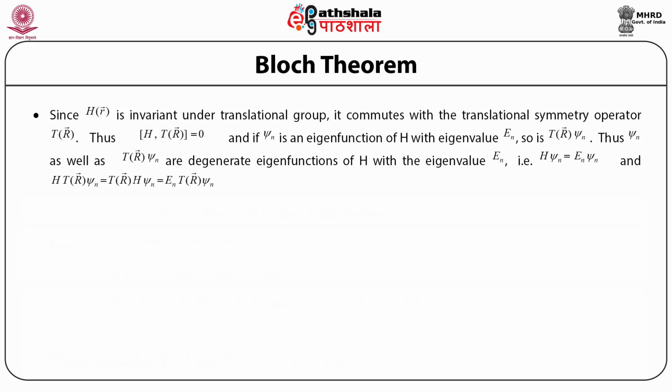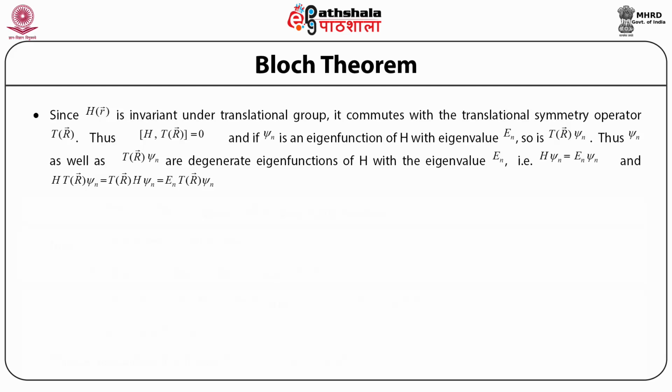That is, H psi_n is equal to E_n psi_n, and H T psi_n is equal to T H psi_n, because they commute, which is also equal to E_n T psi_n, which means that psi_n and T psi_n are related.